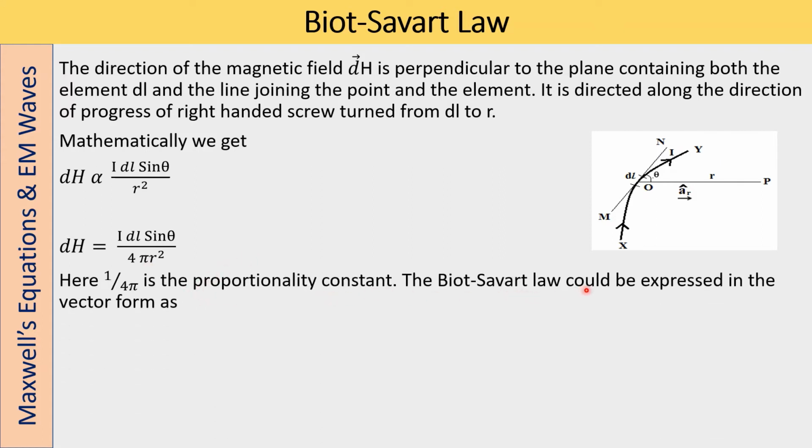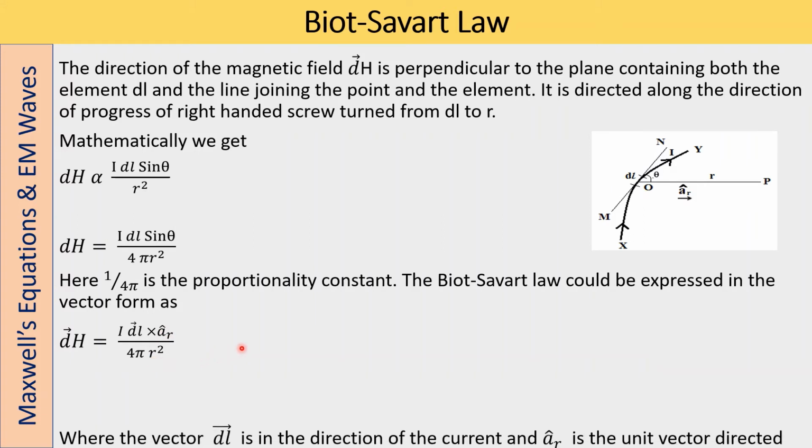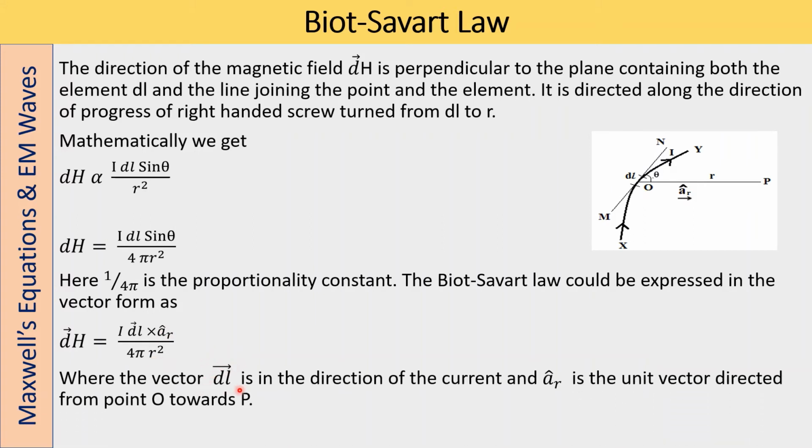The Biot-Savart law could be expressed in vector form as vector dH is equal to I vector dl cross a_R hat divided by 4 pi r squared, where vector dl is in the direction of the current and a_R hat is the unit vector directed from point O to P.